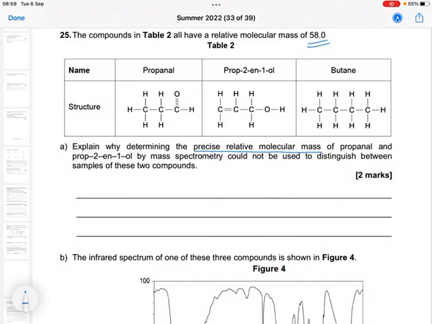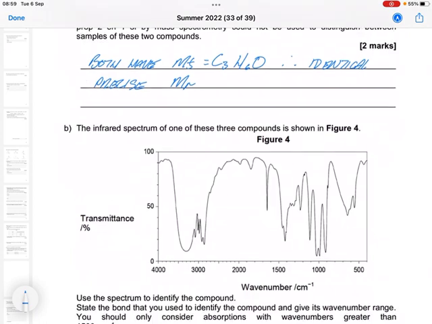But both of these molecules have a molecular formula of C3H6O, therefore they will have an identical precise relative molecular mass.